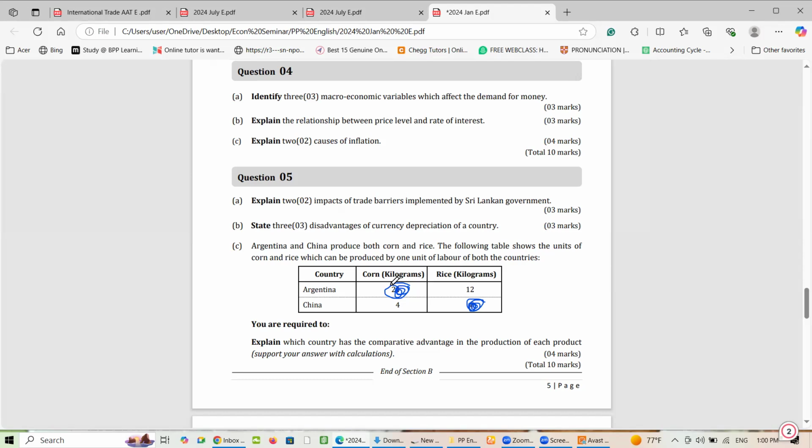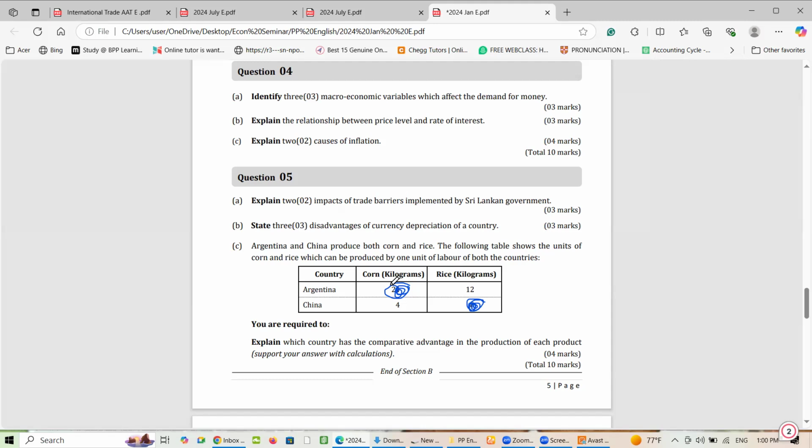Argentina produces corn with all the resources, but they have an excess amount of corn. They export it to China and import rice from China. So that is the way international trade is organized under the absolute advantage theory.